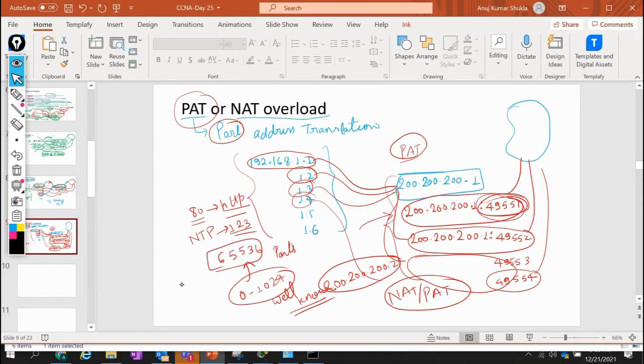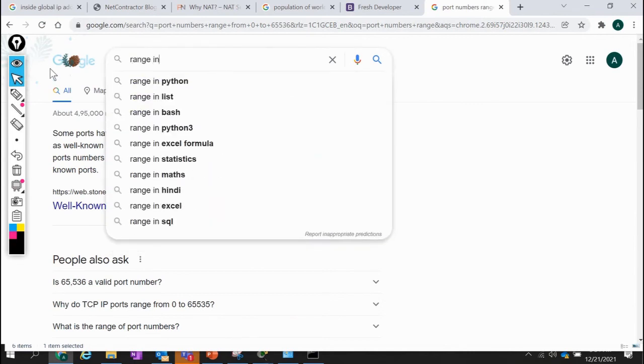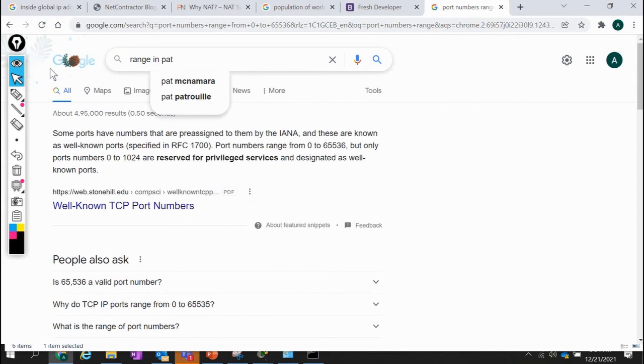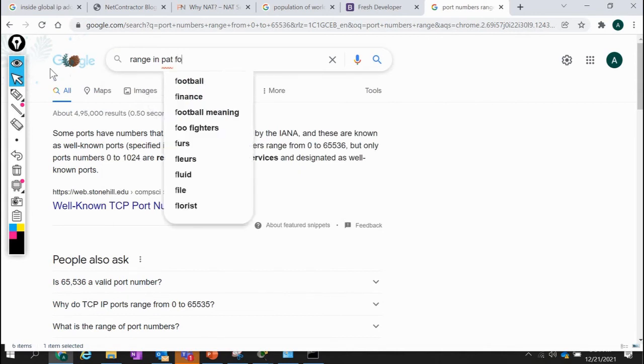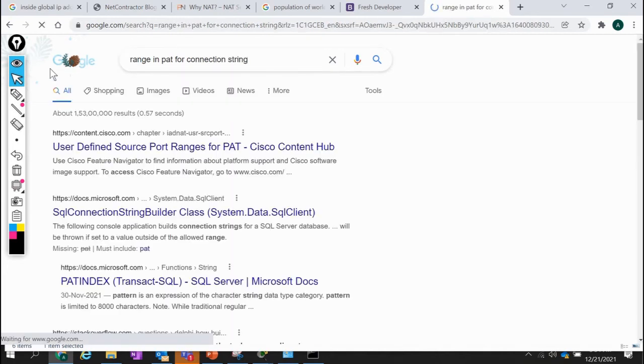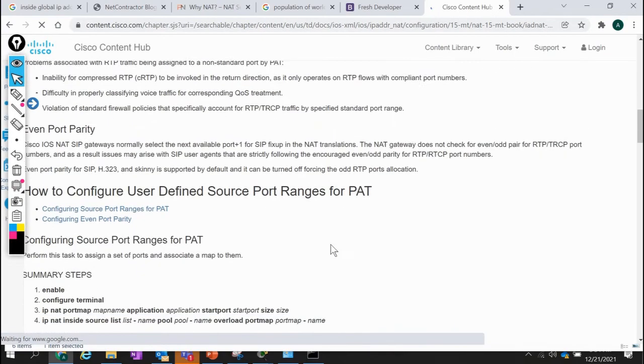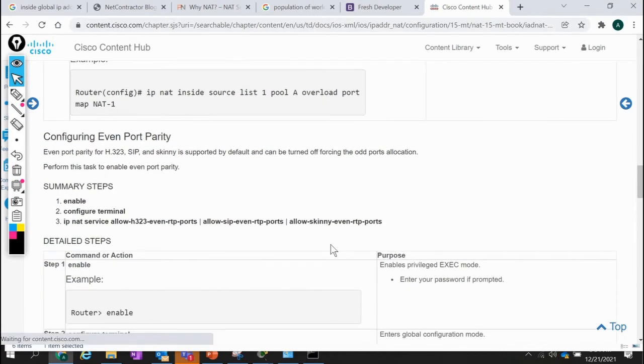And let me search for a better way. Range in PAT for connectivity, or I think user defined source PAT. I think this should give a better result.